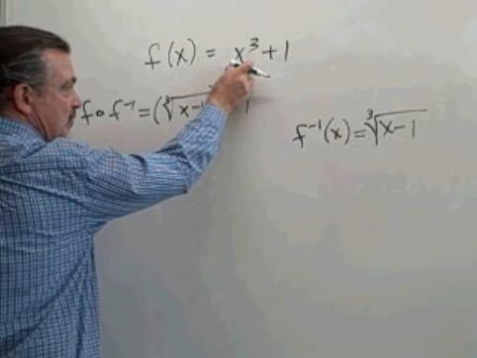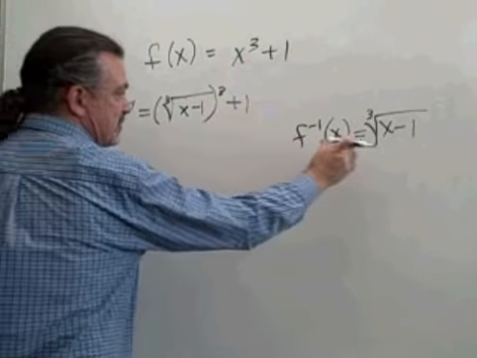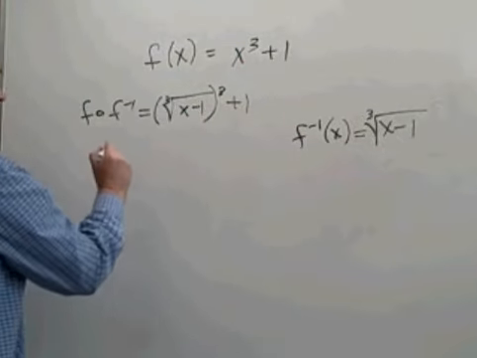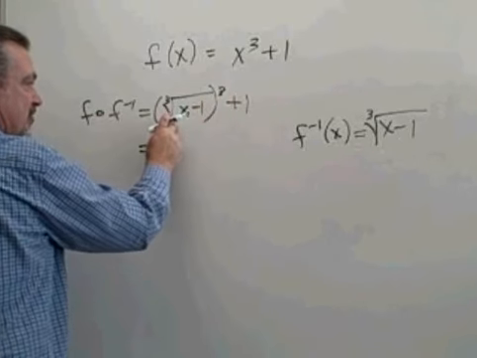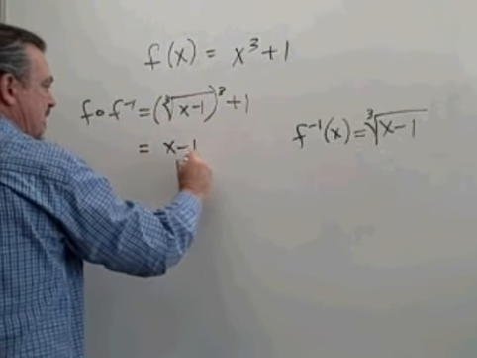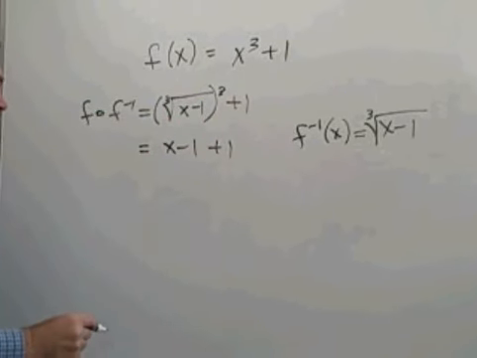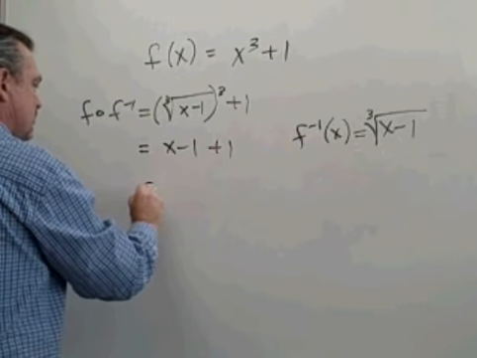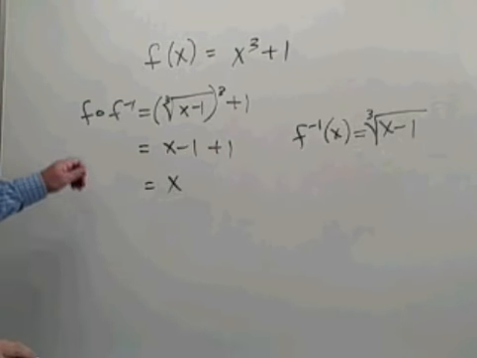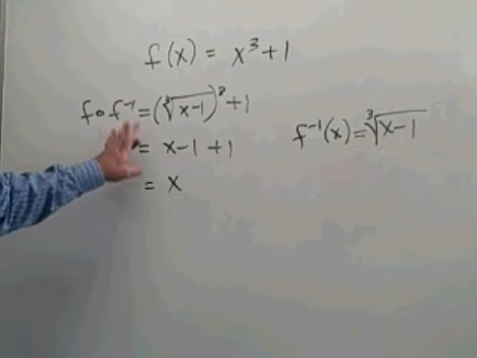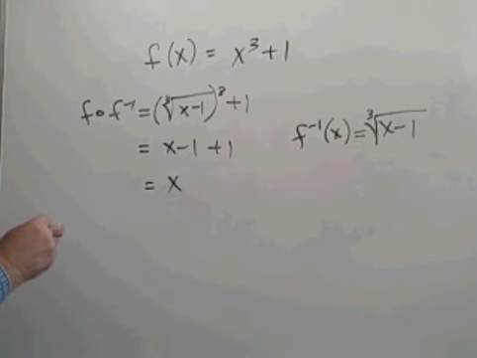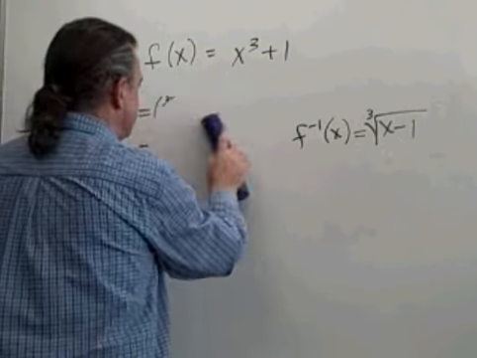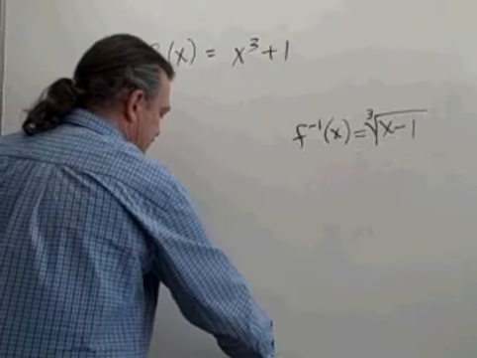See, here's where x was in f of x, so I replaced it with the entire expression for f inverse. But then the cube of the cube root is just what we have there in the radicand position. Minus 1 plus 1 is 0. So sure enough, f composed with f inverse just gives us x. That's half of the proof.